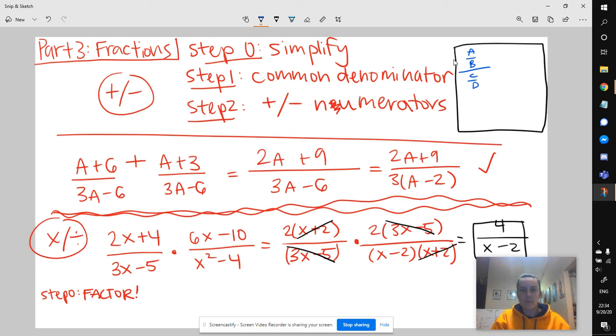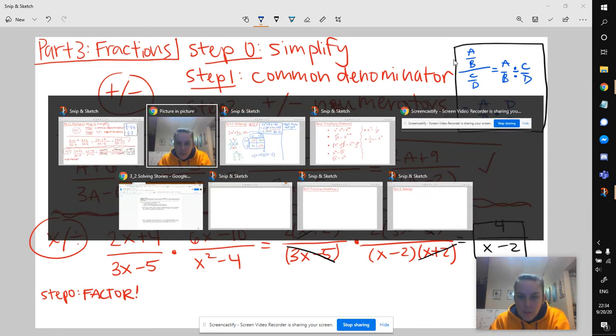So the fraction A over B divided by the fraction C over D, that's the same as A over B times D over C, right? When you're dividing fractions, you flip the second and multiply. It's keep, change, flip, right? We kept A over B, we changed divide to multiply, and we flipped C over D. Okay, that's part 3. Part 3 is fractions.